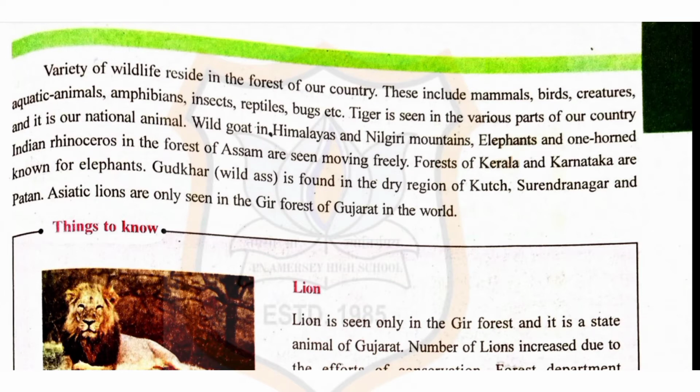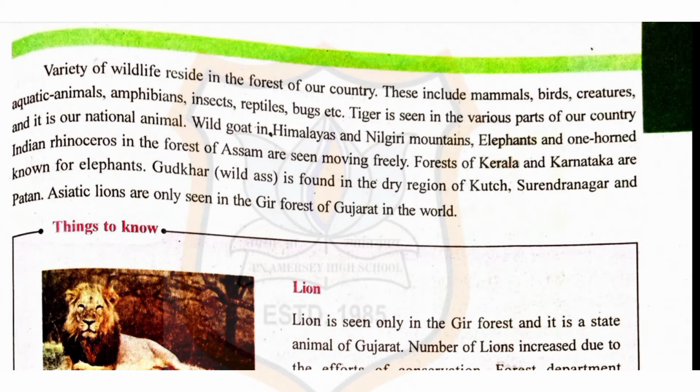Wild goat in Himalaya and Nilgiri mountains, elephants and one-horned Indian rhinoceros in the forest of Assam are seen moving freely. Forest of Kerala and Karnataka are known for elephants.